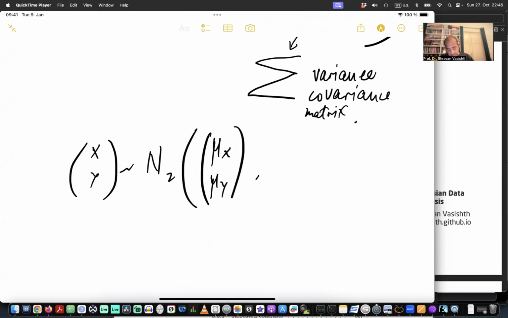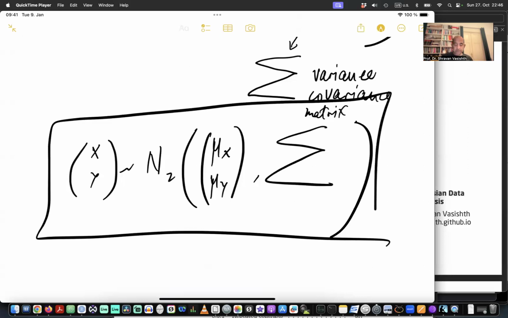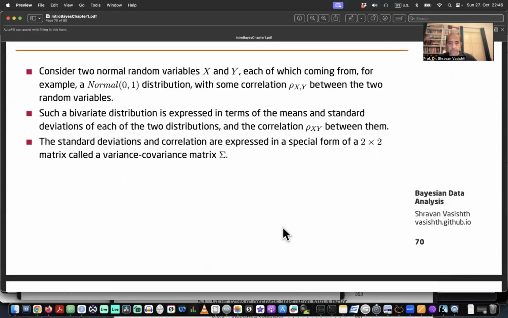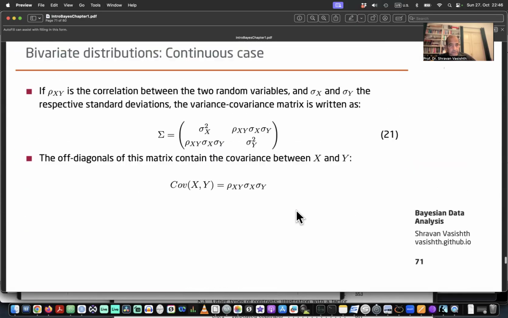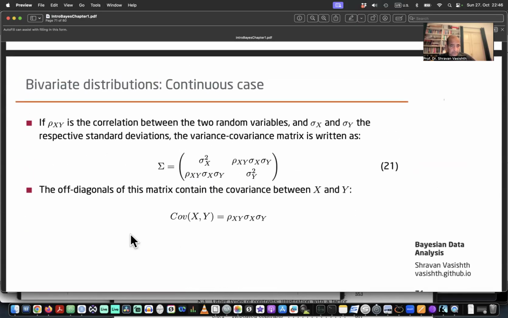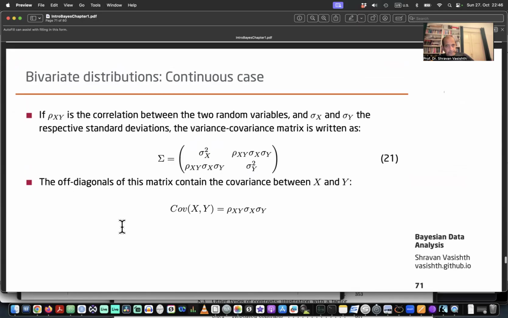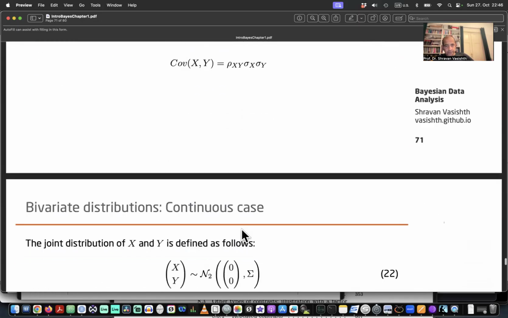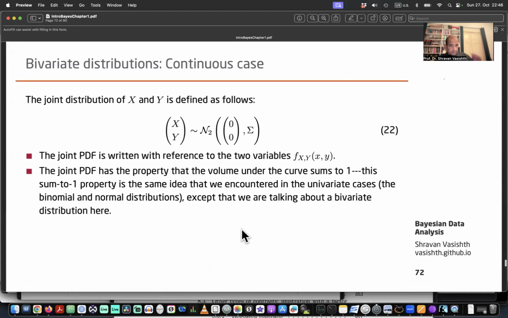It depends on what the underlying distribution is, and some variance covariance matrix here. This is how we will summarize a bivariate distribution. So this is what I've written out here, right? I've just written out the variance covariance matrix here, so you can see what it looks like. And now I've explained the definition of covariance here, right?